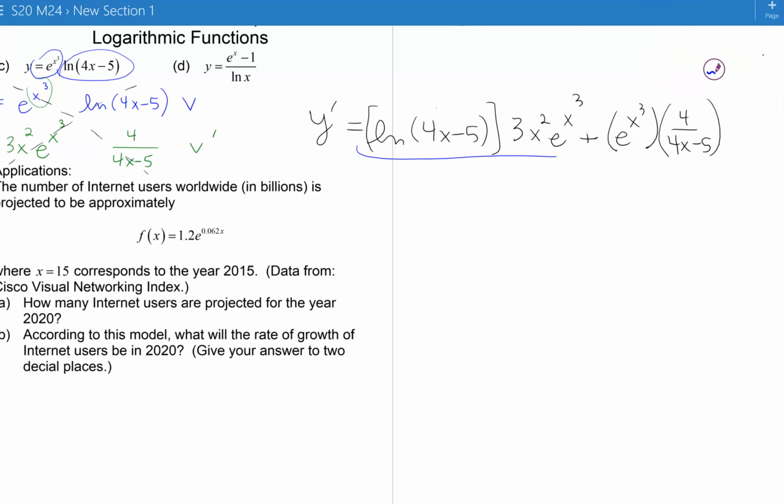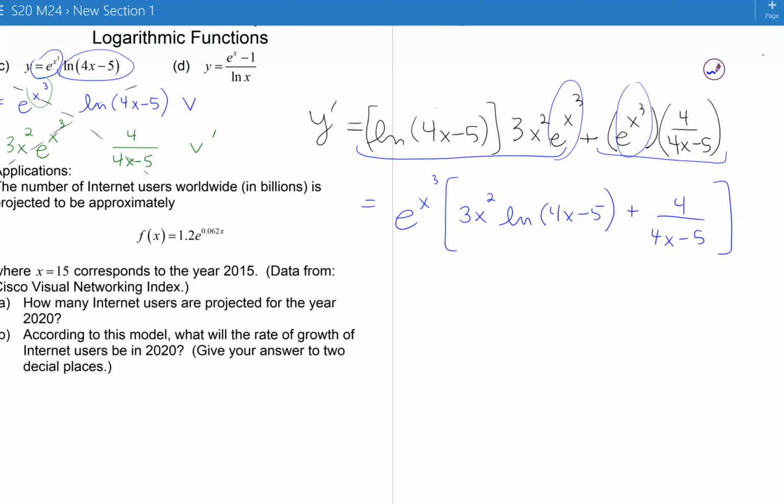So always when we do the product rule, we have two terms, and we need to look for a common factor, and we have e to the x cubed. So what's left behind is 3x squared ln of 4x minus 5 plus 4 over 4x minus 5. And that's about as simple as that one's going to get.